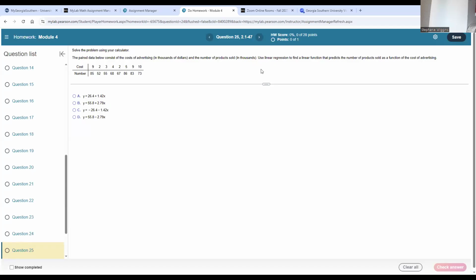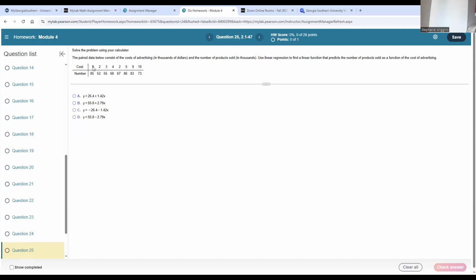Again, the dependent variable in this case is the cost of advertising and the number of products sold is going to be the independent variable. Or I got it backwards, sorry. The cost is the independent variable and the number of products sold is dependent.